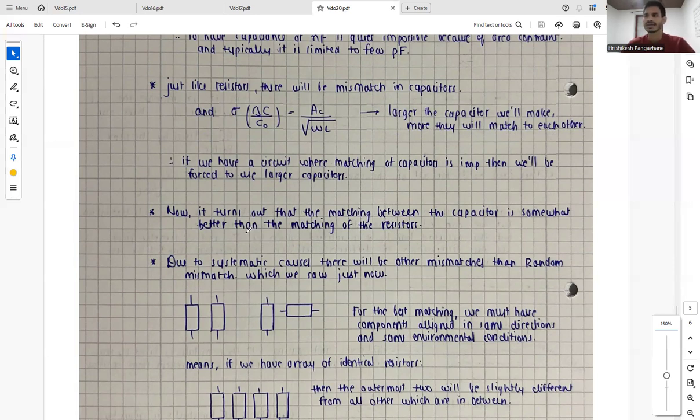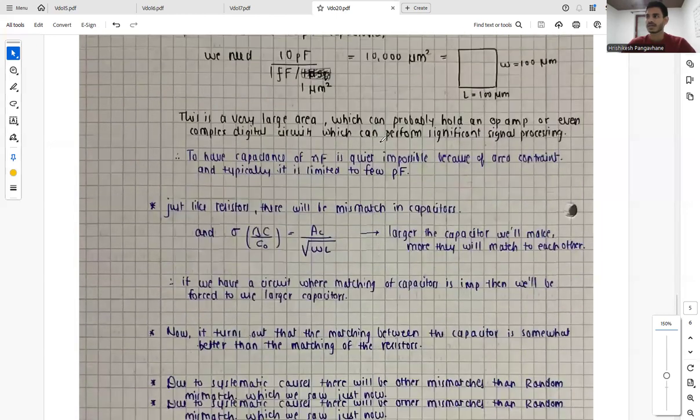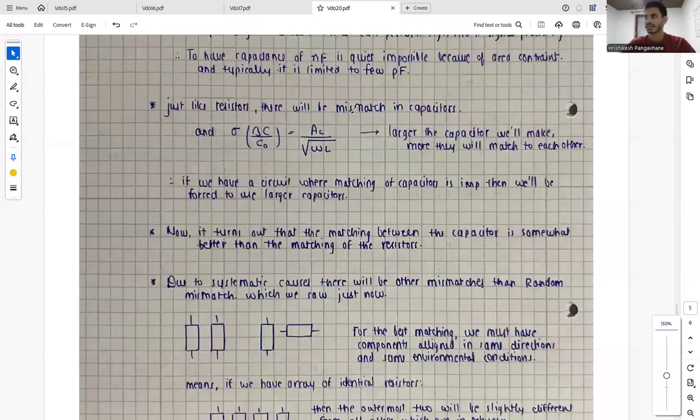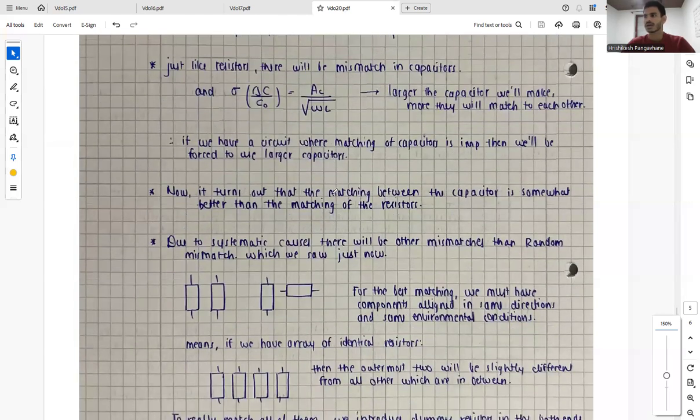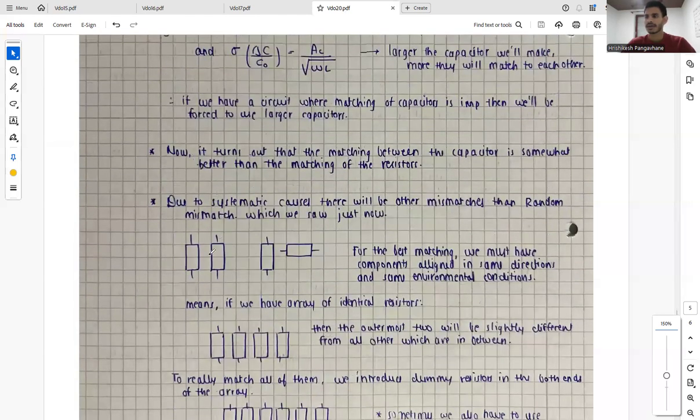Due to some systematic causes, there will be other mismatches besides the random mismatch we just discussed. That was called random mismatch. Apart from that, there are other mismatches as well, which are due to systematic causes. So let's say we are making a pair of resistors which are identical.